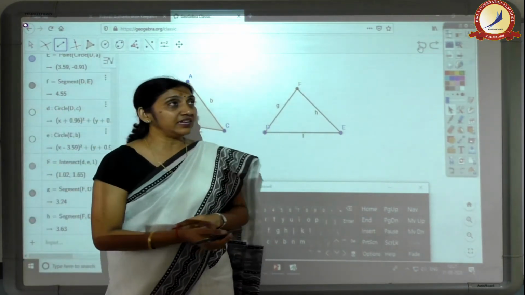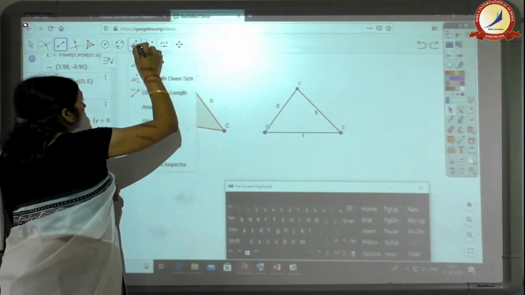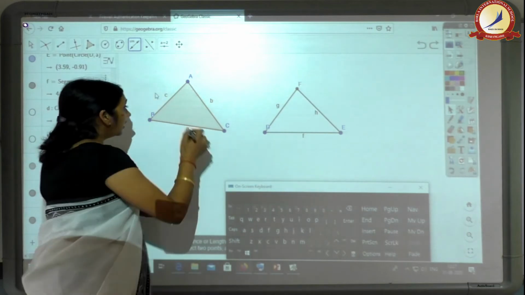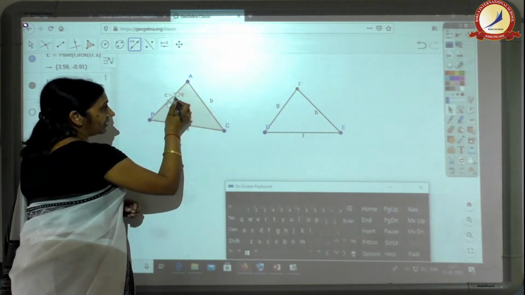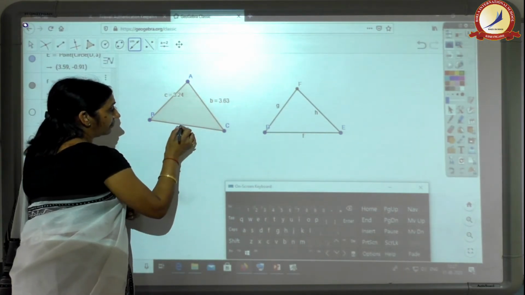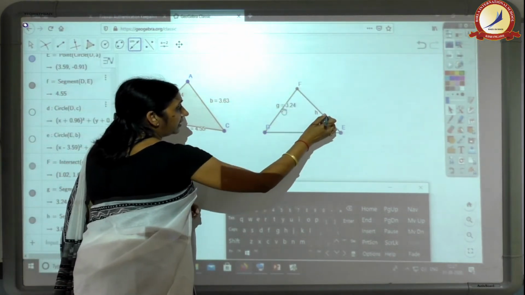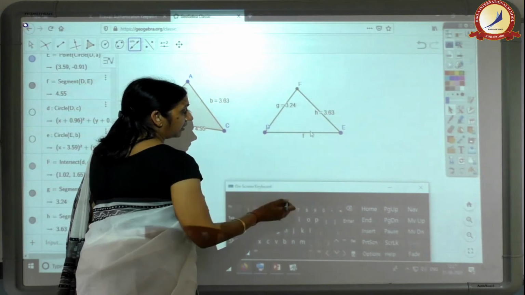Now let us see whether they have equal lengths or not. For that, click on the distance length tool. Click on the line segments. It will display the length of the line segment. Similarly, do it for triangle DEF.